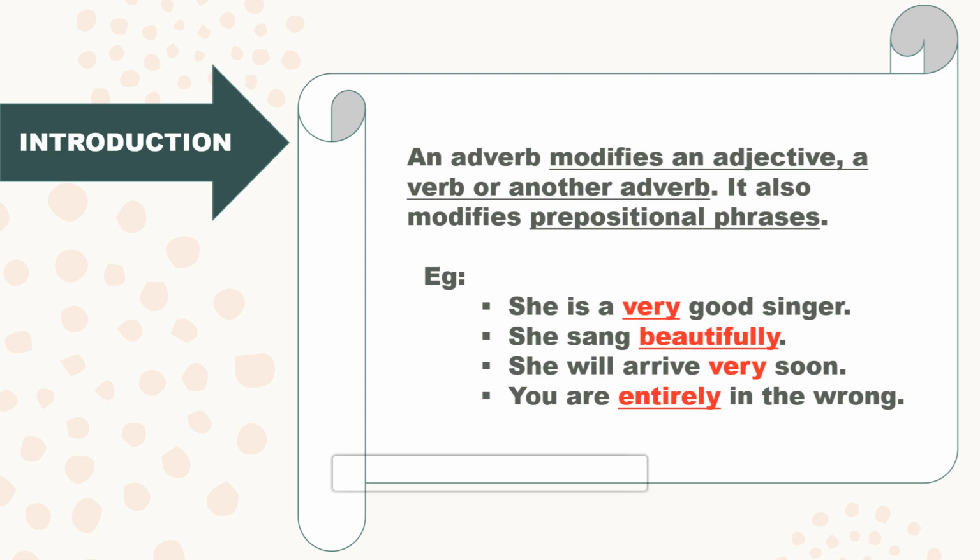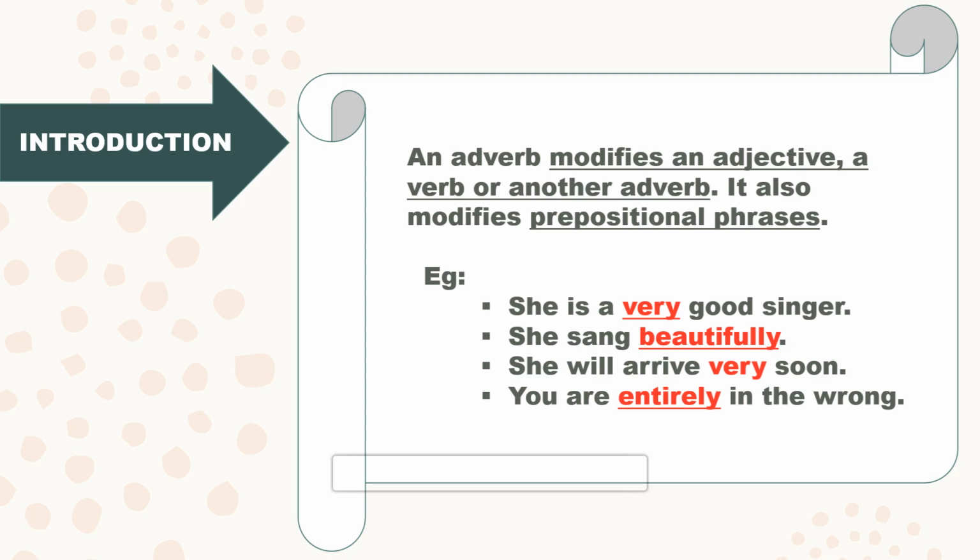She is a very good singer. Now, here, first of all, you understand. How good she is? So, she is very good. Here, good is an adjective. And the word very tells more about good. So, very is an adverb, and this adverb tells more about the adjective. So, it is modifying the adjective, and the adjective in the first sentence is good.